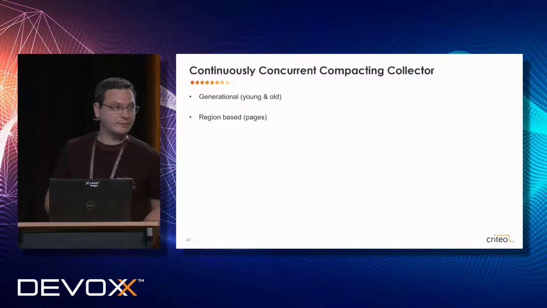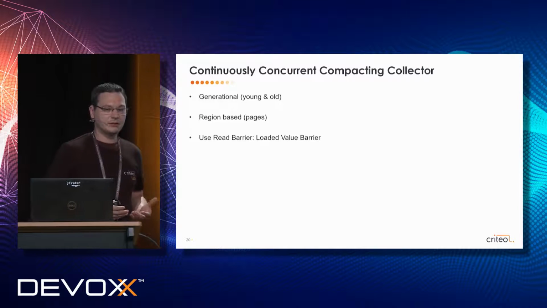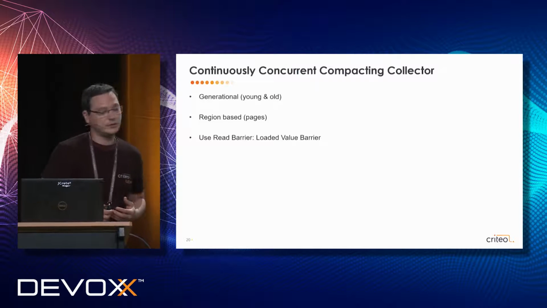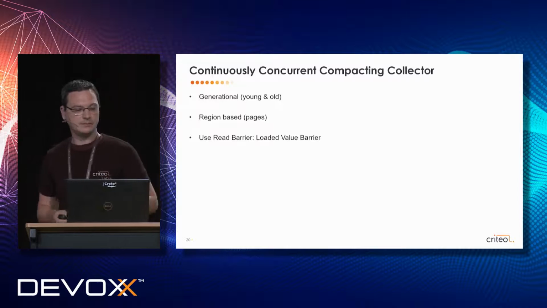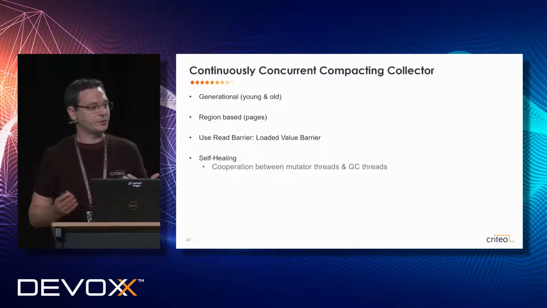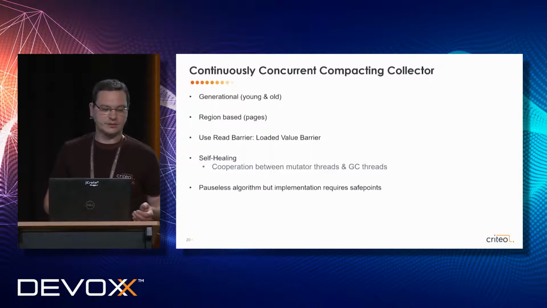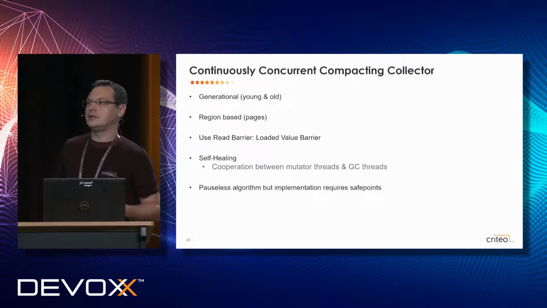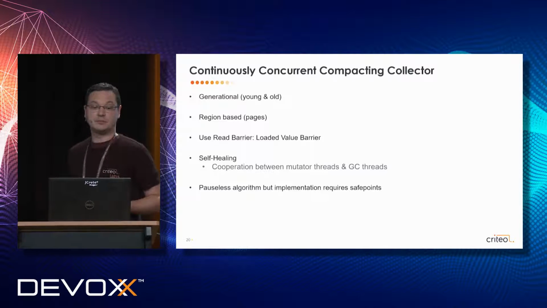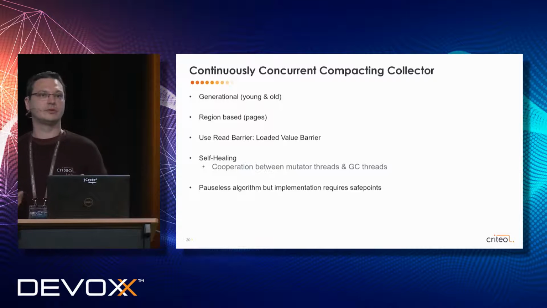Again, region-based, but the regions are called pages. You use a read barrier, again, called the loaded value barrier, LVB. The self-healing concept, again, is cooperation between mutator threads and GC threads at all levels. The original algorithm is pauseless, but the implementation requires safepoints on HotSpot.